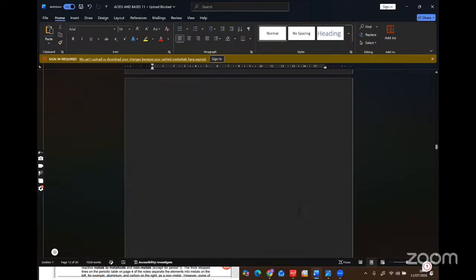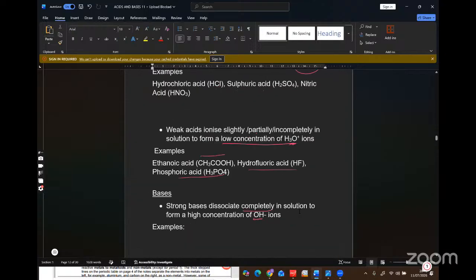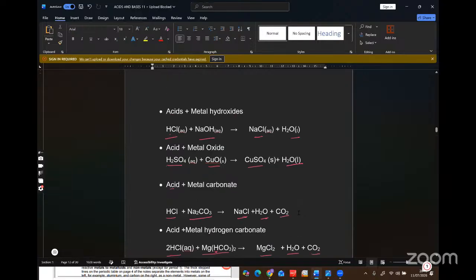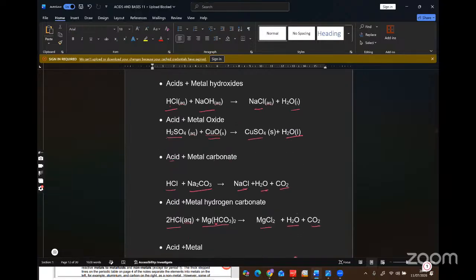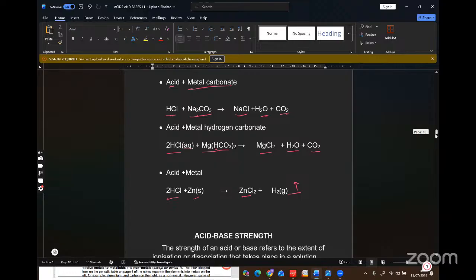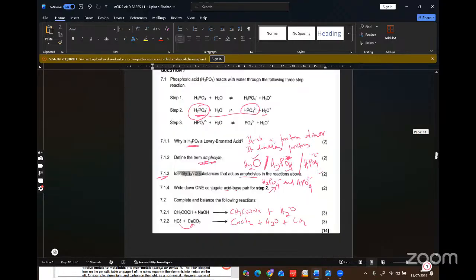Let me go back and show you what I'm talking about. Yeah, this reaction: acids plus metal carbonates. So an acid plus a carbonate will give you a salt, water, and carbon dioxide. So here, this is our salt, calcium chloride, and then water and your carbon dioxide.